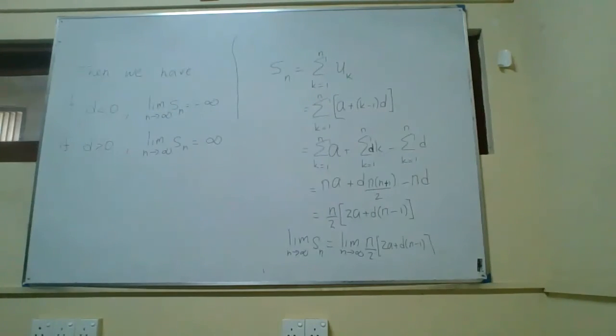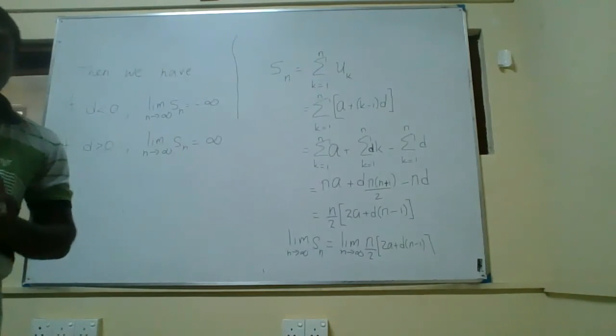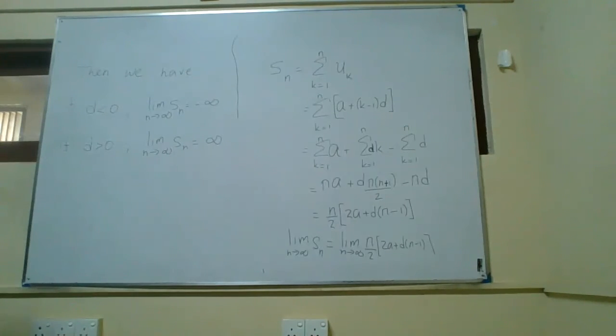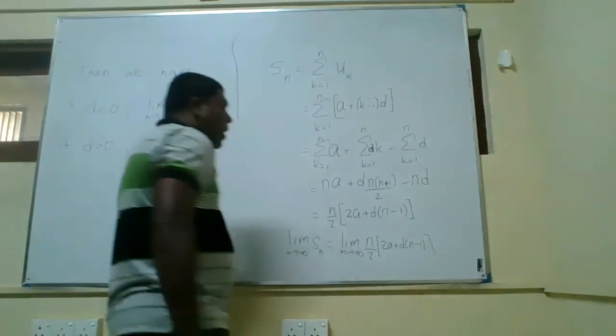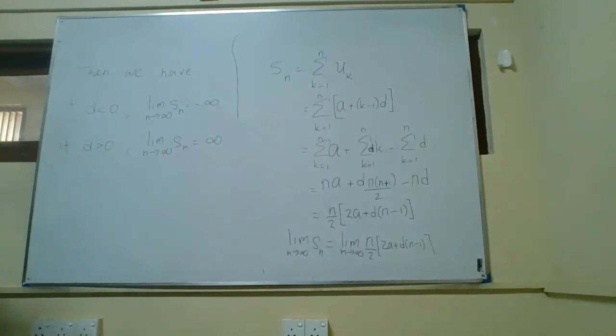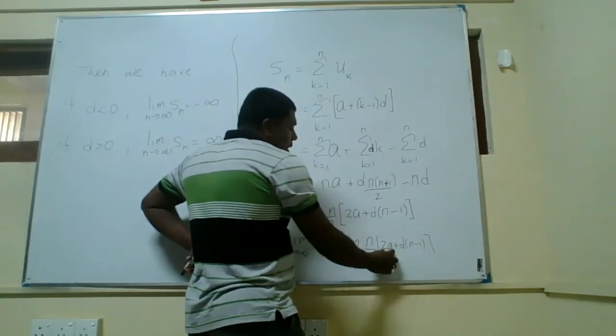So you can see that depending on the sign of d, if d is negative, then when n gets larger, this one becomes a big minus number and a is fixed.